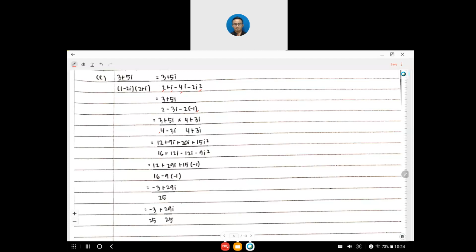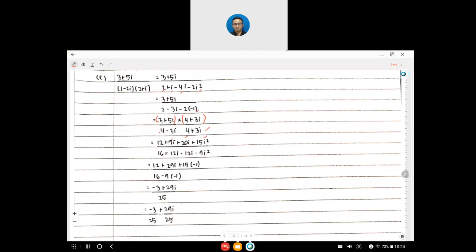4 minus 3i times by the conjugate, which is 4 plus 3i. So expand, you can get 3 times 4, 12. 3 times 3i, 9i. And then 5i times 4, 20i. 5i times 3i, 15i squared.